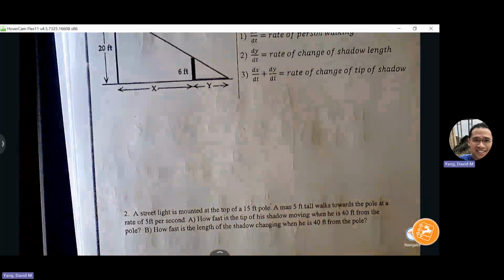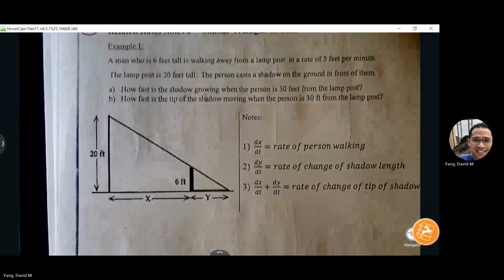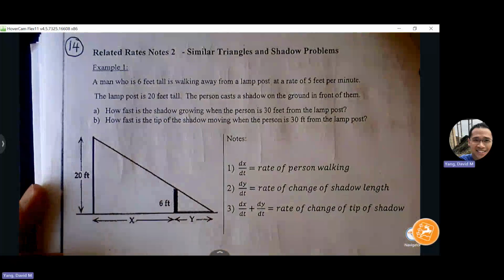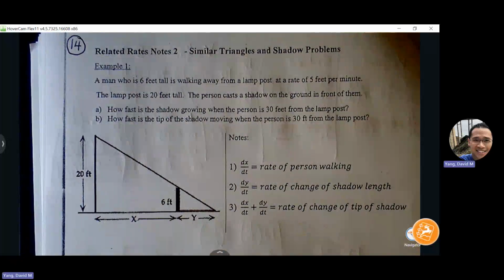There's also another similar right triangle problem that's very specific, but it's shown up on the AP exam, so we want to make sure we go over it. So let's go to page 14. But any questions here? Are we good with similar triangles involving cones?